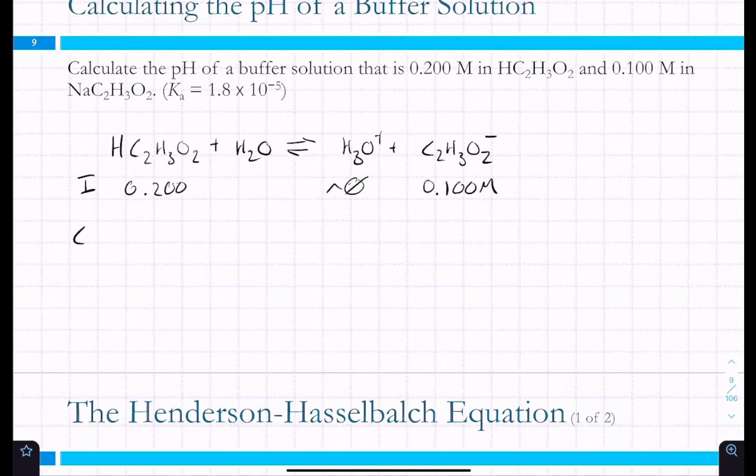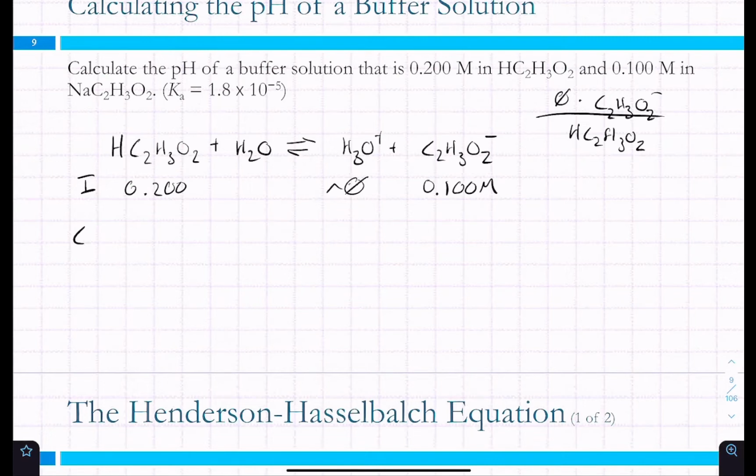We can calculate Q for this reaction: the concentration of H3O plus is 0 times the acetate over the acetic acid concentration. So because we have nothing for hydronium on the product side, right now our Q is 0. And so K is larger than Q, so we're going to shift to the right.